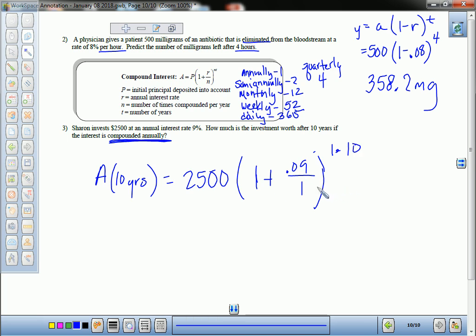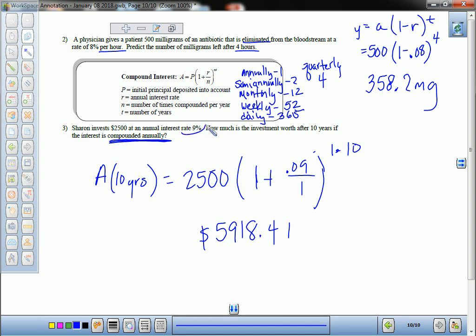So we're going to plug this into our calculator. And let's see what we get. So we do 2,500 times 1.09 to the 10th. And this would give us a total after 10 years of $5,918.41.